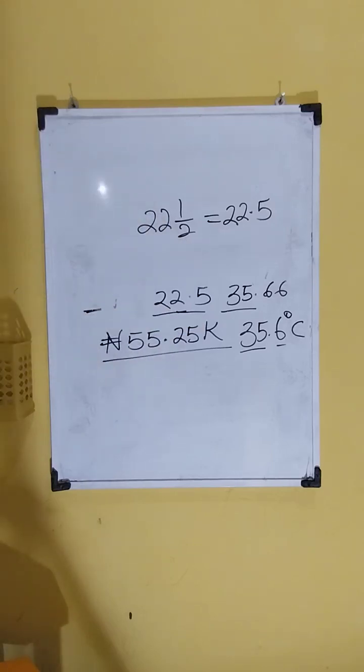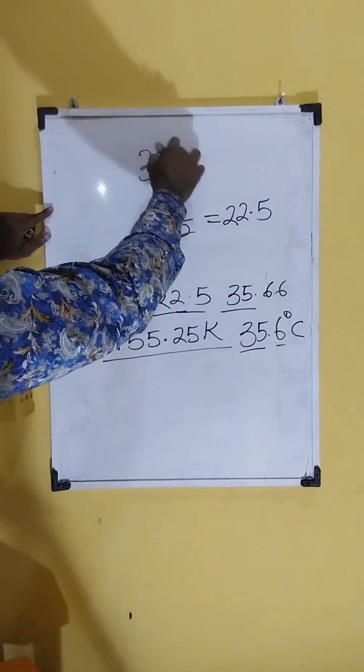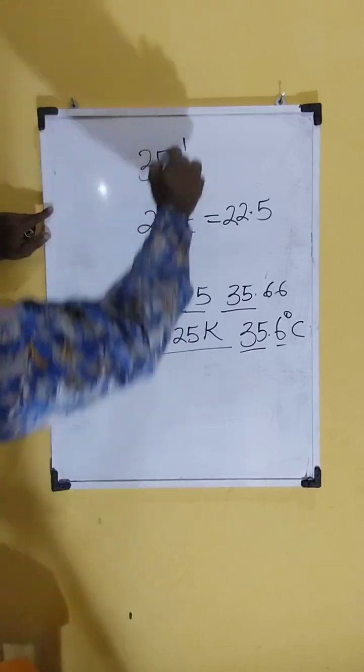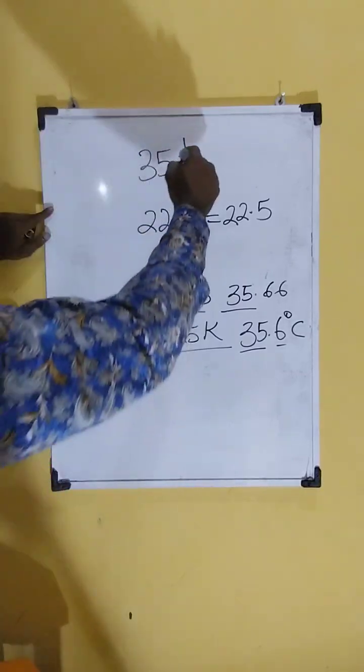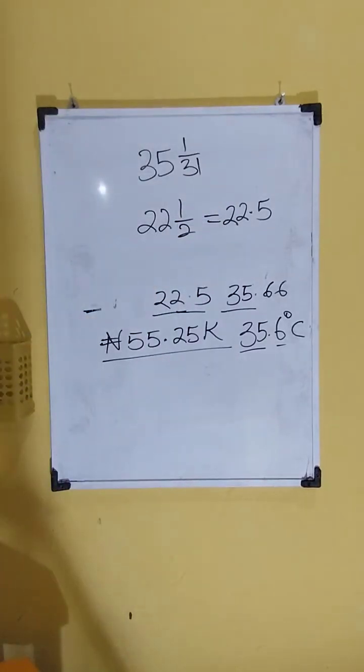And what about the 35.66? Okay, the 35.66 would be 1 over 3, maybe. If you divide 1 divided by 3, it could give you, so somebody divide 1 divided by 3. 0.33.